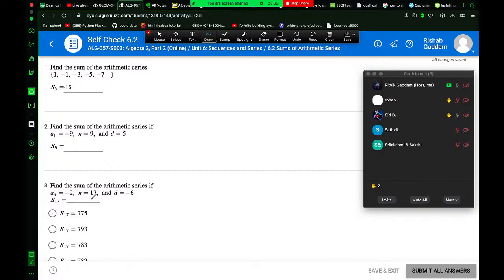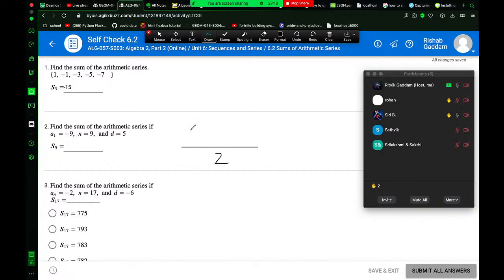Okay. So find the sum of the arithmetic series if A1 equals negative 9, N equals 9, and D equals 5. Okay. So for this one, A1 is negative 9.